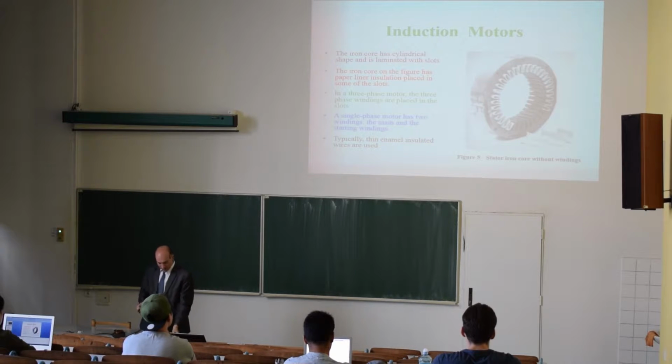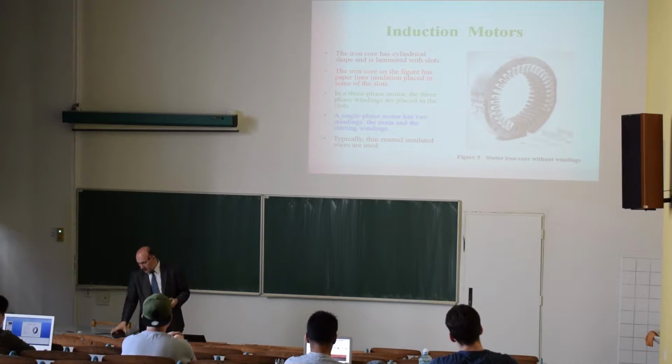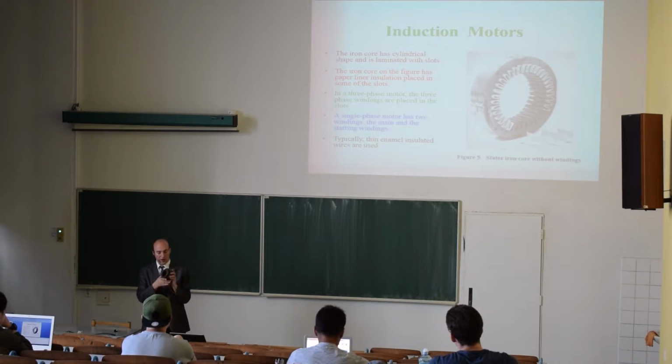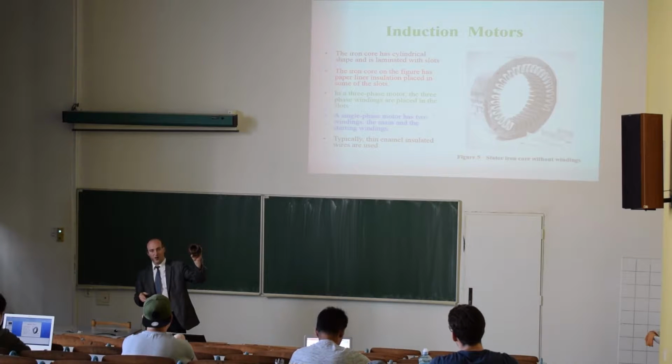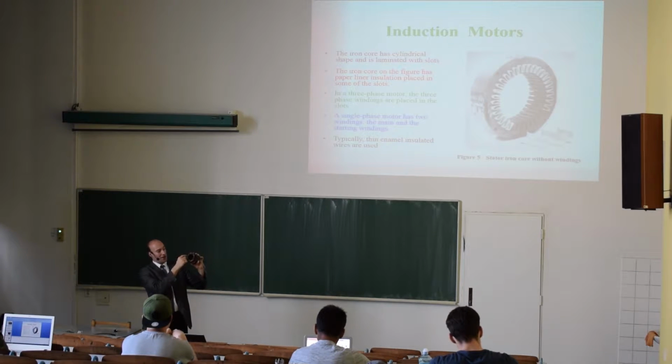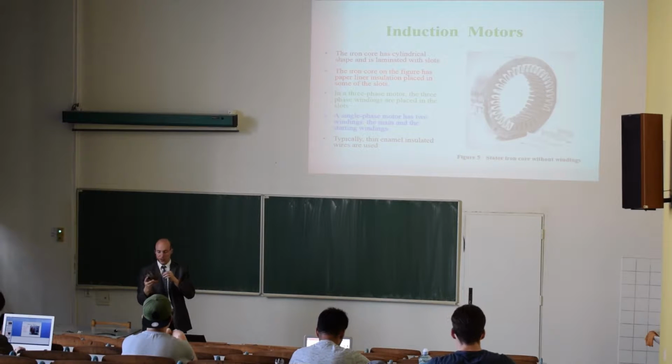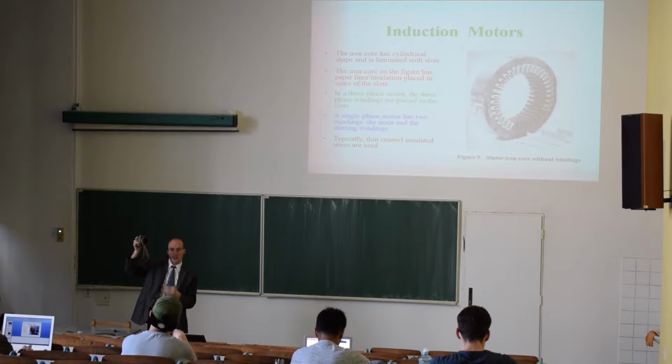So here you have examples of stator sheets, and then the completed stator is available here. So here this is iron, and here in the slots in the insulation layer we have windings, and since this is a three-phase motor connected in a star connection, we have three output phases that would go to the power network.